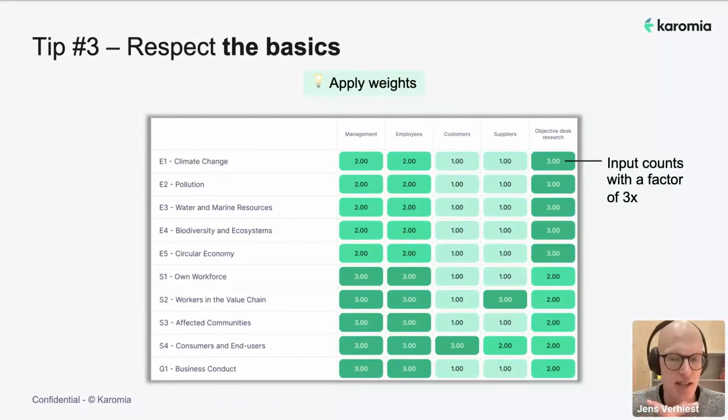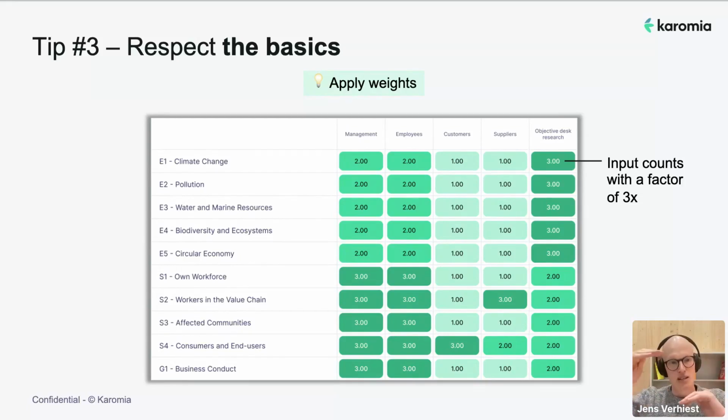But I imagine that for some that gets quite complex. So if you want to apply one weight dimension, I would suggest to focus on a weight for a stakeholder group across certain ESRS topics. And remember, all of your IROs are attached to an ESRS subtopic, therefore topic.